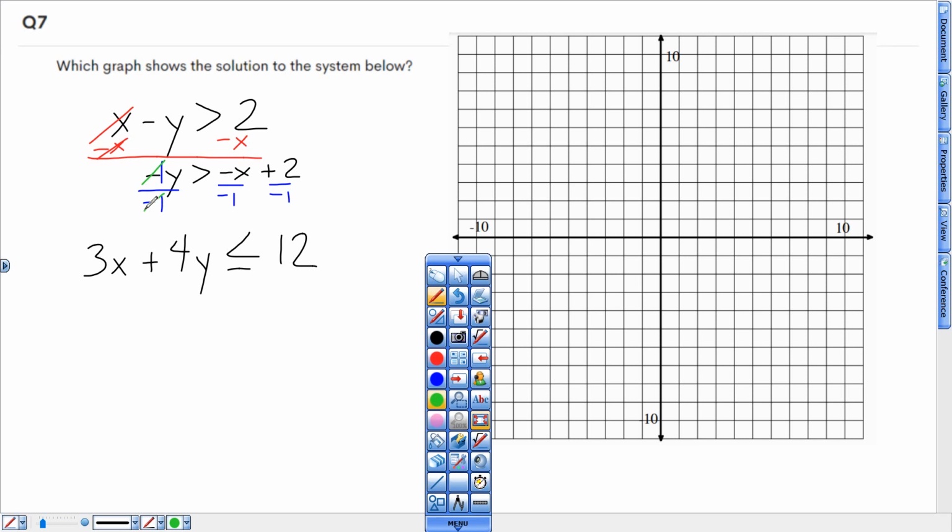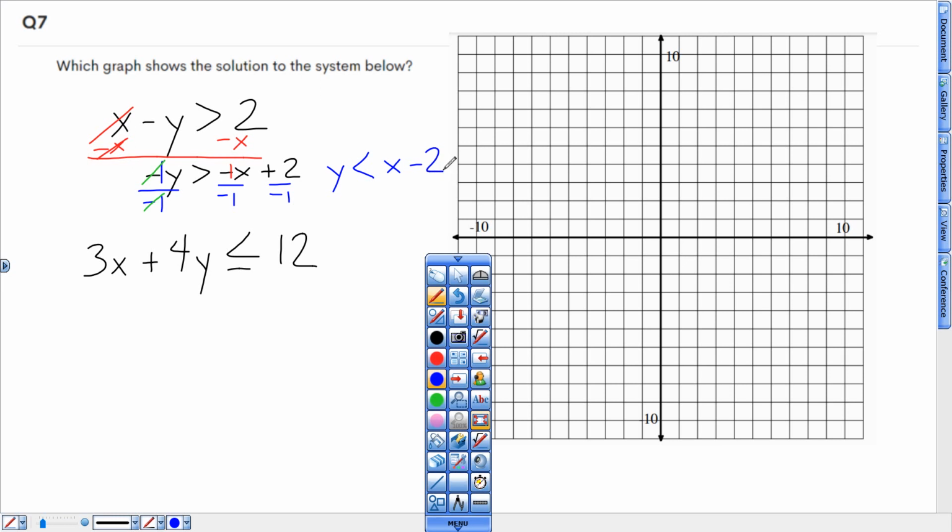That will take that inequality for this blue line and switch it to the less than direction. This negative 1 divided by 1 is going to give me positive 1 over 1x, or the way we really write it, just plain old x. And then that 2 divided by negative 1 gives me negative 2.